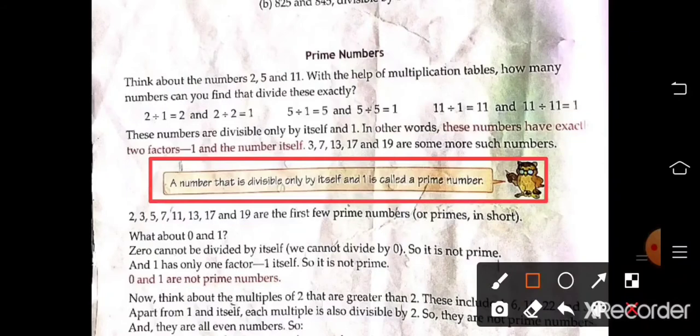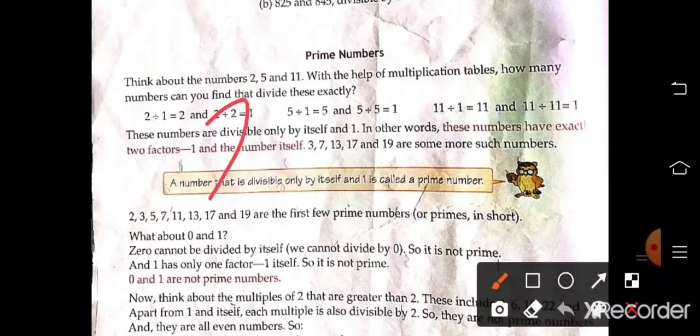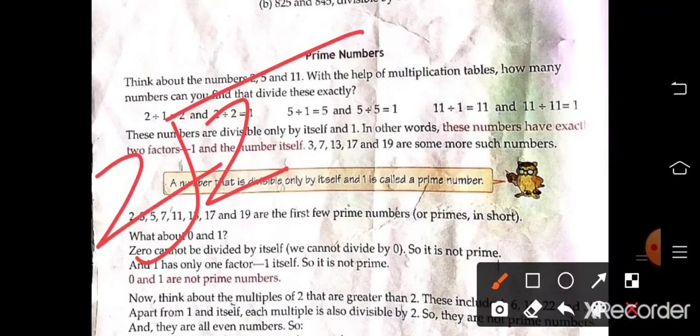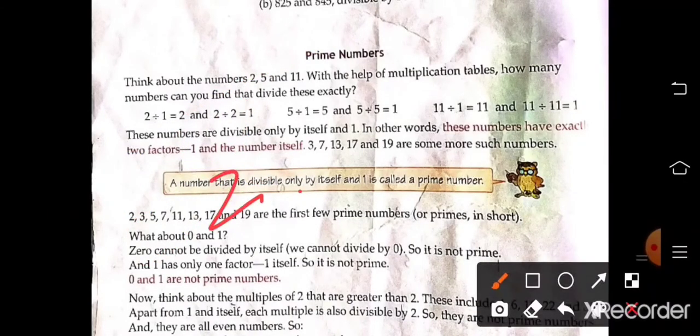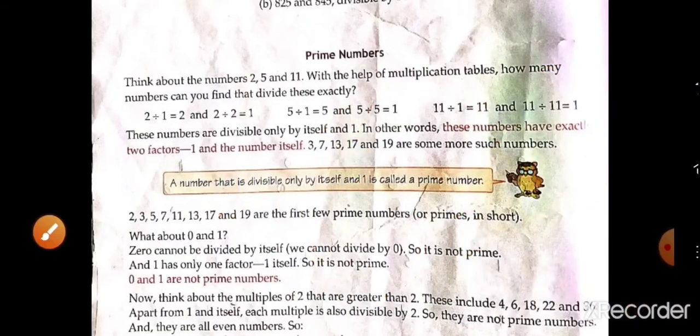A number that is divisible only by itself and 1 is called a prime number. So here 2 is a prime number because it is divisible by only 2 or 1. 2, 3, 5, 7, 11, 13, 17 are the first few prime numbers.